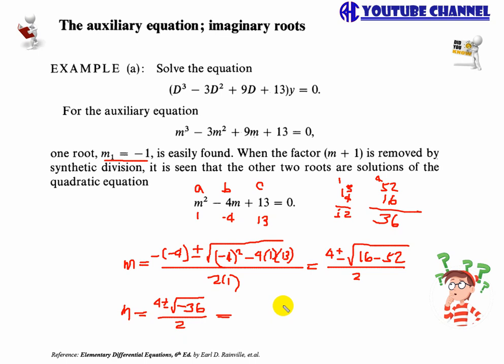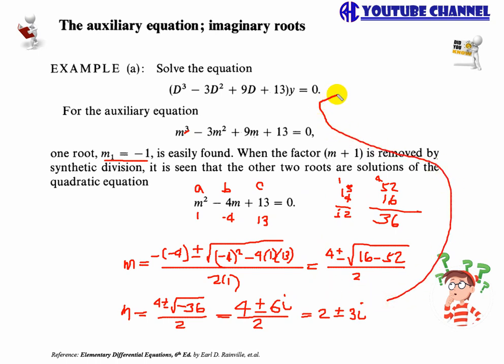Pero pwede natin yan ilabas, maglalagay tayo ng imaginary na symbol. So ito magiging 4 plus and minus the square root of 36 is 6. Pero negative siya, dapat mag-apply tayo ng i, or the imaginary, all over 2 is equals, so divide natin ng 2, that is 2 plus and minus 3i. So ito na. So naka third degree tayo, ibig sabihin tatlo yung roots natin. So ito na yung roots natin.